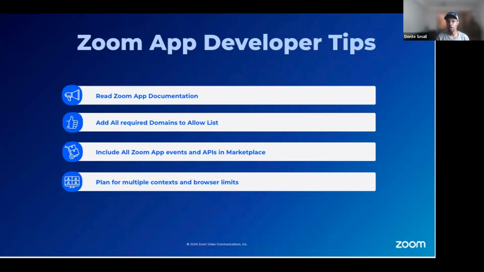And then make sure you are always selecting all the Zoom APIs that you would need when building out, and you want to have that in your marketplace app along with in your JavaScript file. So it's very important that when you enable APIs, you are also adding that to your configuration for the Zoom Apps SDK.